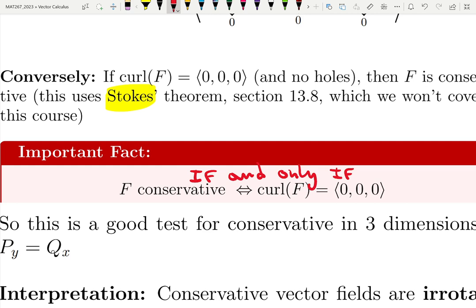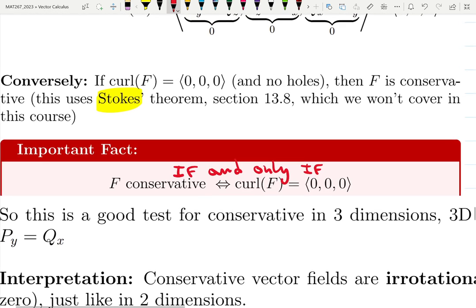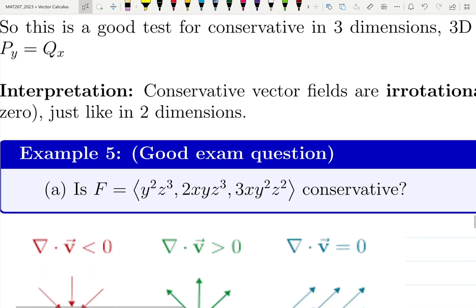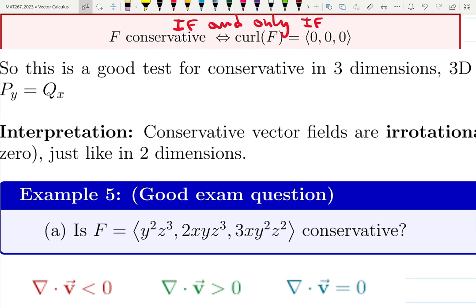And the other way around, if you want to check whether a field is conservative, you calculate the curl. And they mention Stokes' theorem here, which goes in the next section. This is a good test for conservative fields in 3 dimensions, the 3D analog of what we had before. So let's check. That's a good exam question.